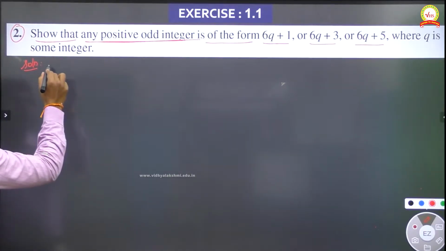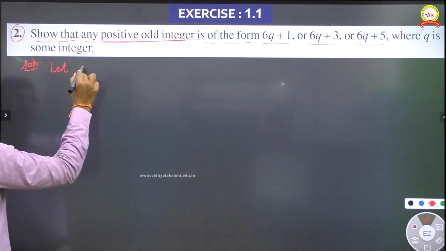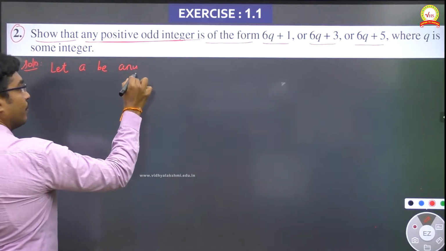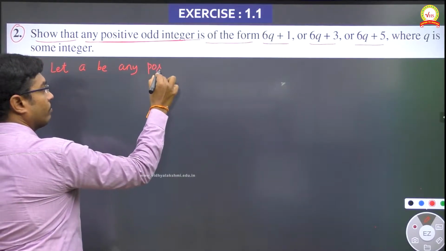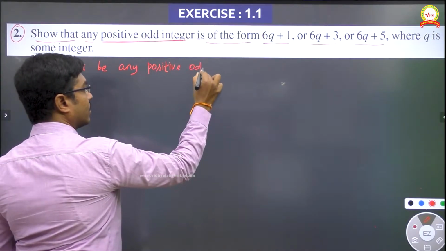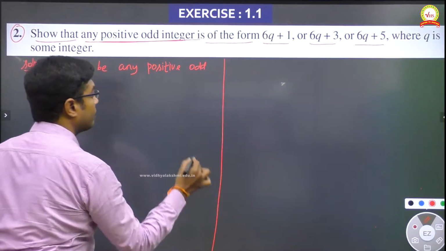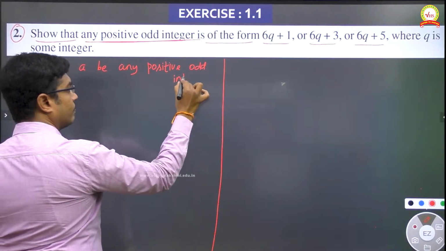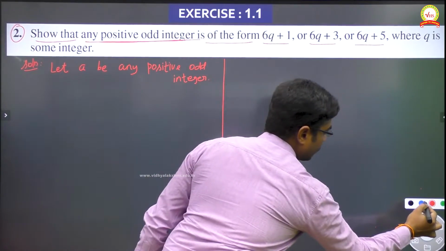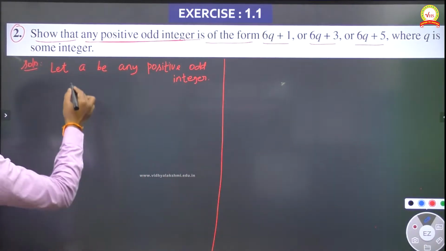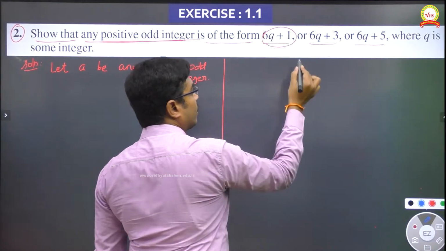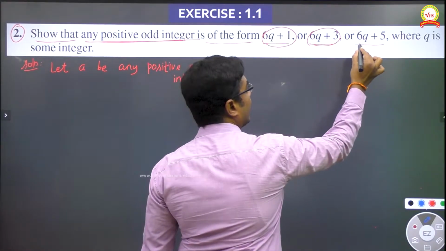So let me take, let a be any positive odd integer.